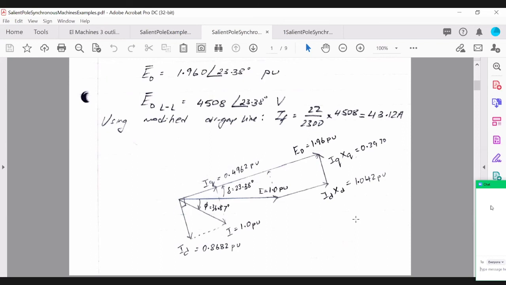You have to take pen and paper and solve the question yourself and then compare. That's the way you build your confidence in understanding the concept of the phasor diagram and which equations you require, and that prepares you for your assessment.